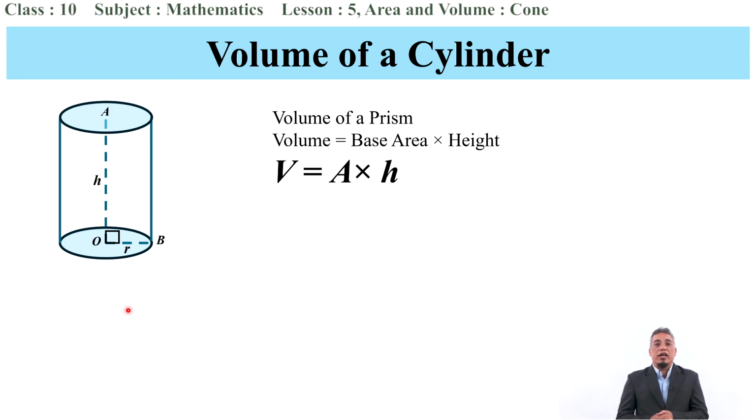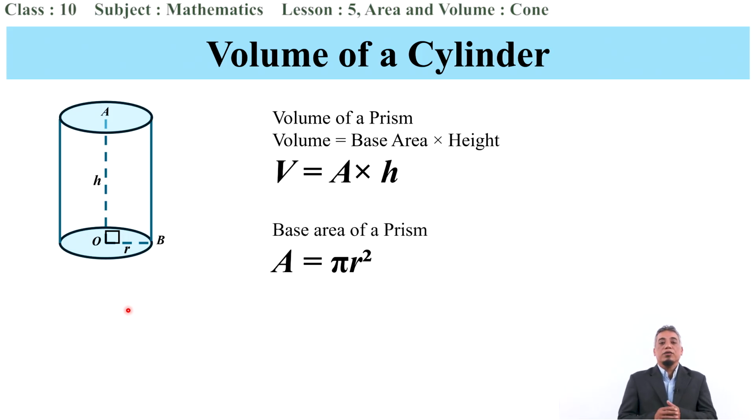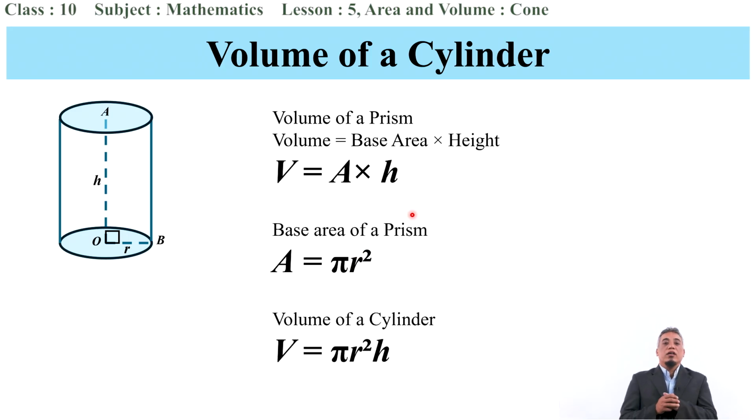As a cylinder is a circular prism, it has a base circle. Yes. So area of the base circle or base area of prism is again pi r square. And if you substitute the value of A as pi r square in this equation, now you are getting the formula for volume of a cylinder.